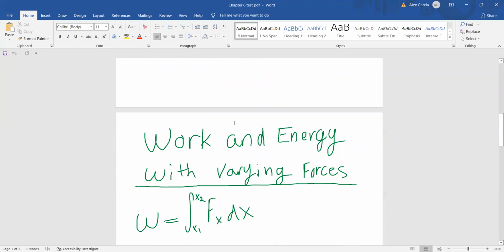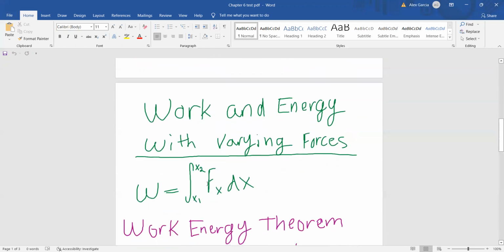Next, we have how to calculate work and energy with varying forces. So we're taking a force that's going in the x direction, so right or left. In this situation, it's actually the integral from your initial position to your final position of F(x) dx.